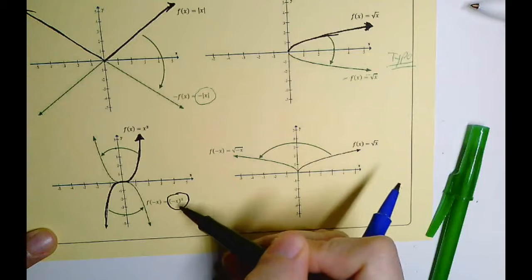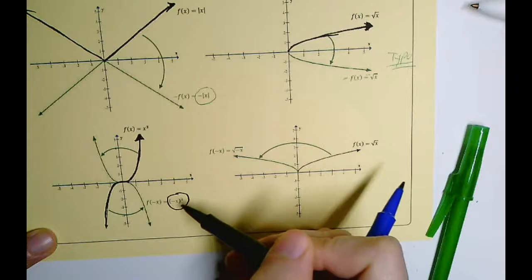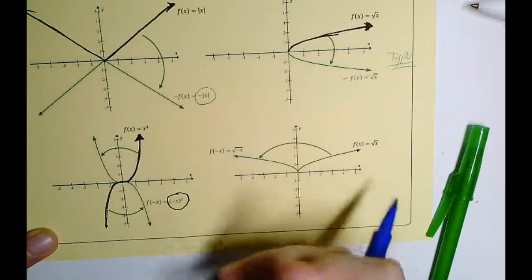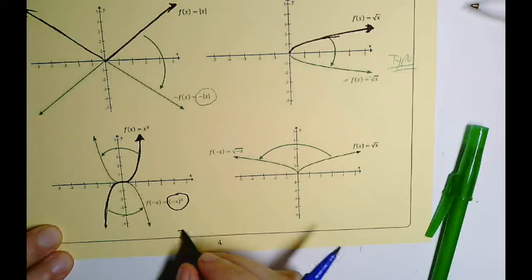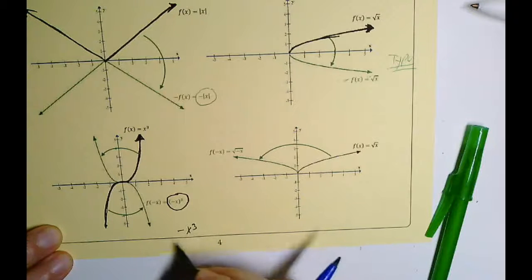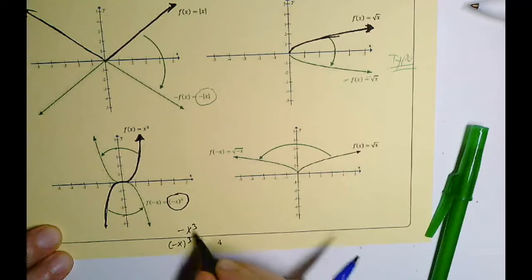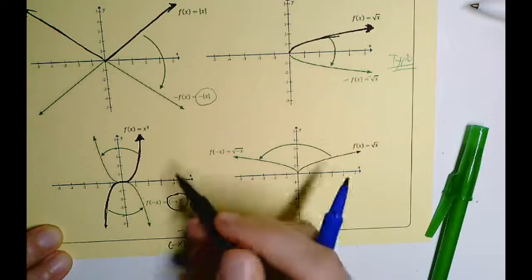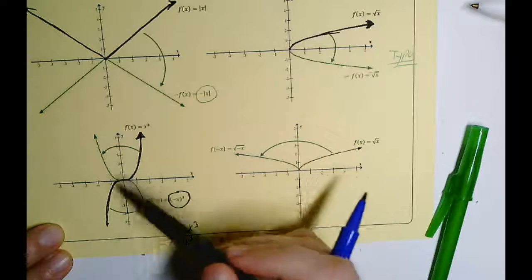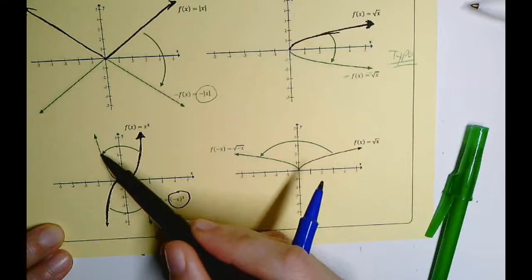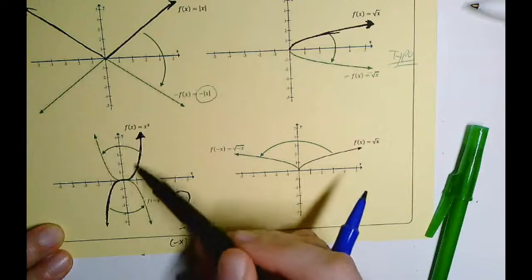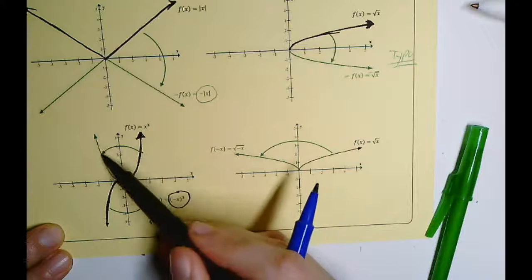The negative is with the x. Well, in this case it happens that it's going to be the same thing. It's not negative x cubed, it is negative x cubed, but these are the same thing. So in this case, if I reflect this portion over the x-axis, I get this. If I reflect this portion over the y-axis, I get that too.